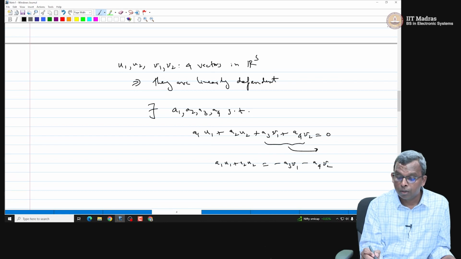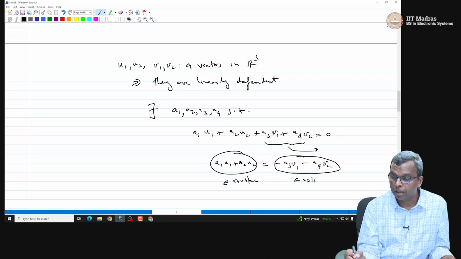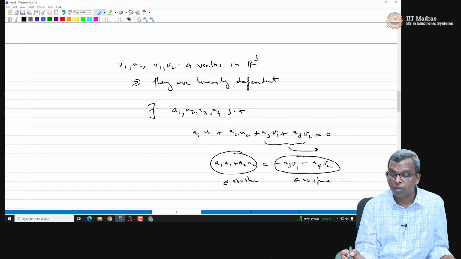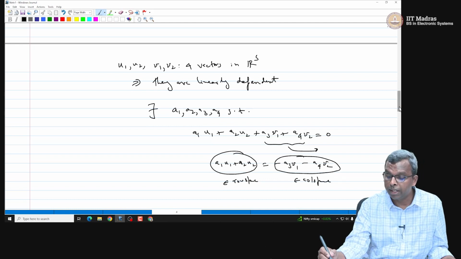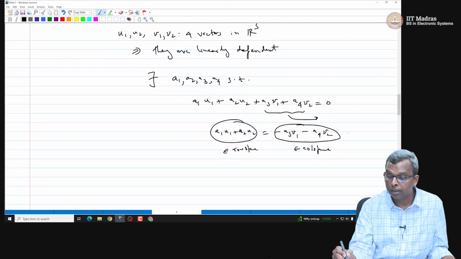So, this could be my w, right. This belongs to row space, this belongs to column space, and they are both equal, which means what? Anytime I have these two being equal, then they have to be equal to 0, isn't it?